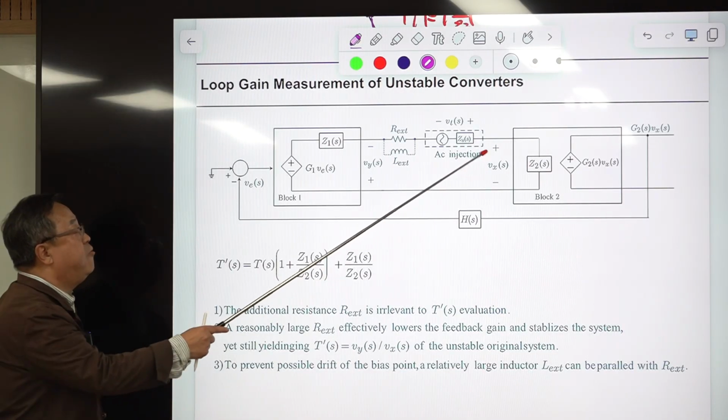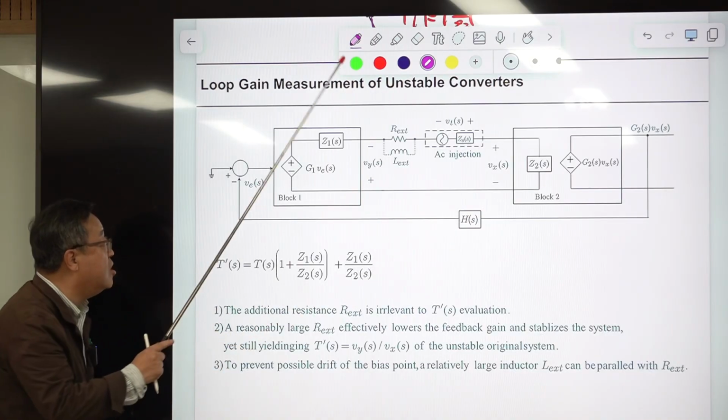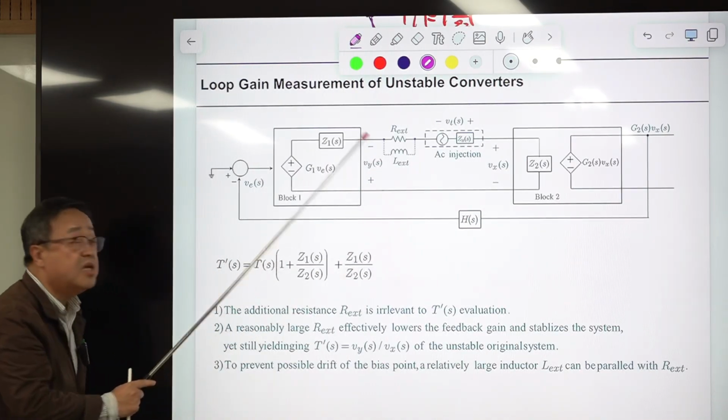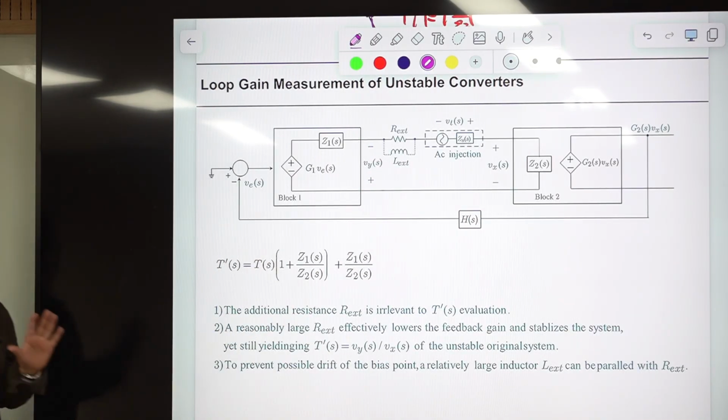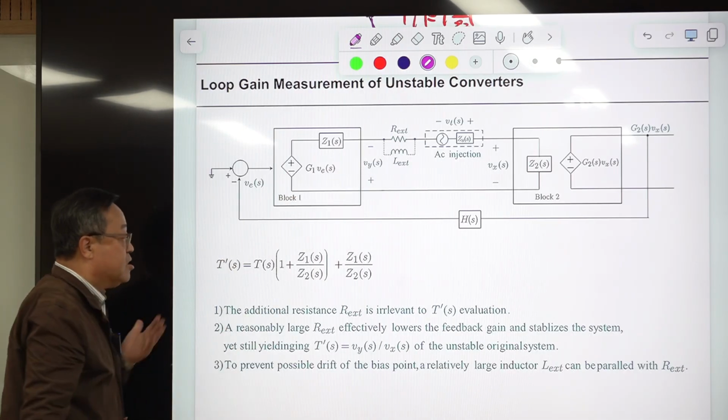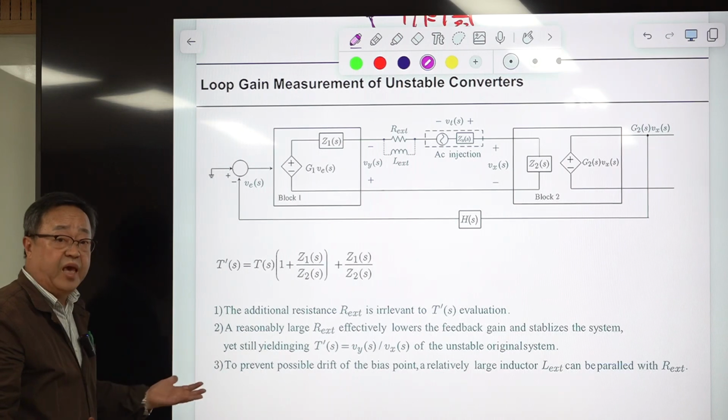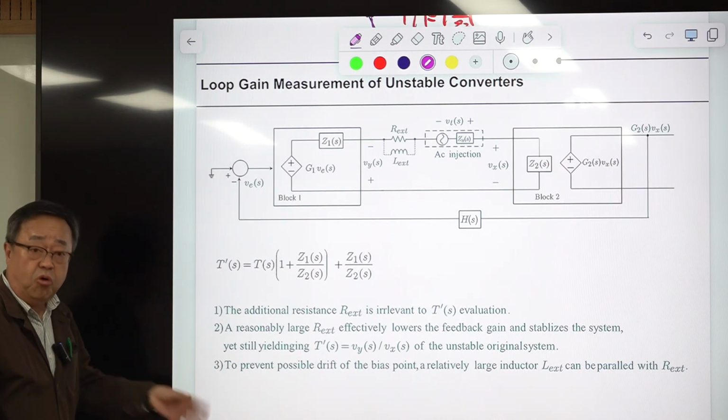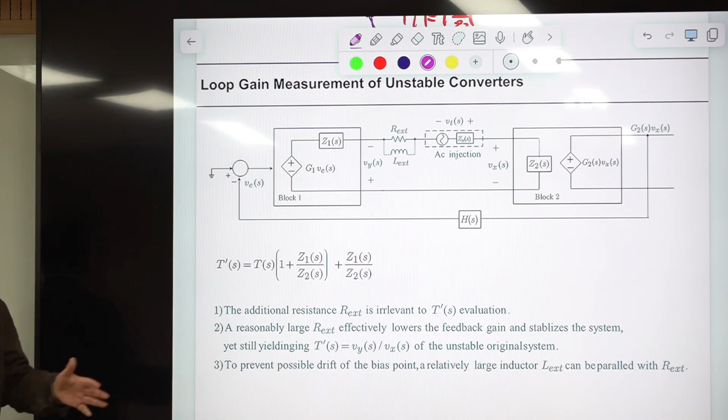Still, if you measure the ratio between this and this, that information is correct information about the system without considering this, which is the loop gain of the unstable system. Of course, the loop gain measurement will say that the system is unstable.